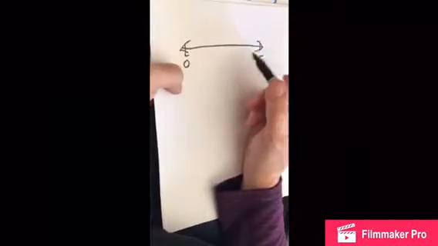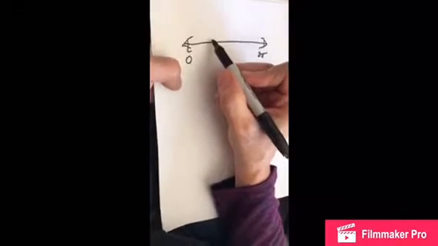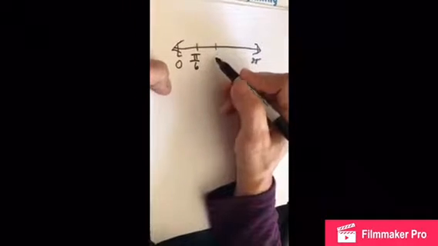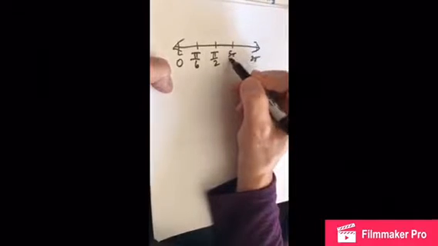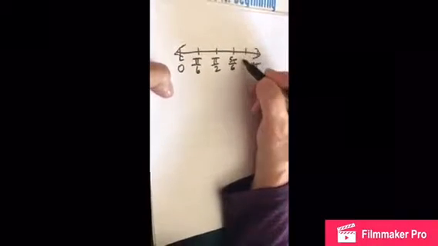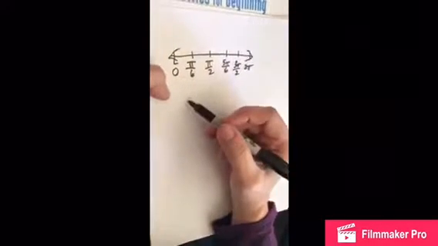So we'll have pi over 6 first. Okay, then we'll have pi over 2, 5 pi over 6, and the other one is 3 pi over 2. And then you'll test your values.